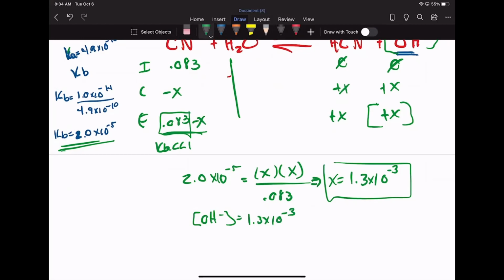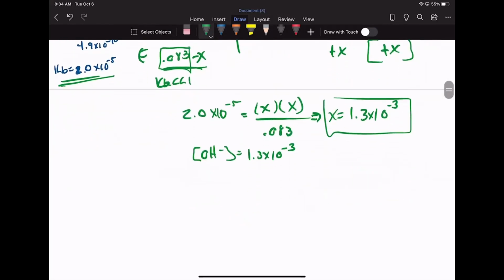Well, let's go ahead and figure out what the pH is. So pH is equal to the negative log of H plus. Well, we only have OH. Can we figure out what H plus is? Yeah, we absolutely can. There are two methods to calculate pH, so why don't we just do them both?